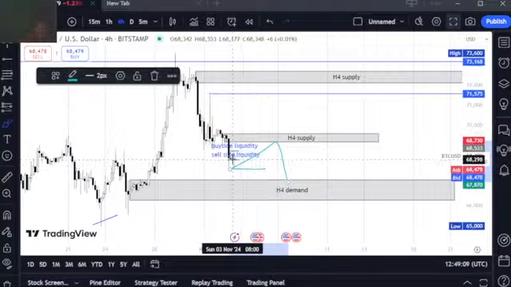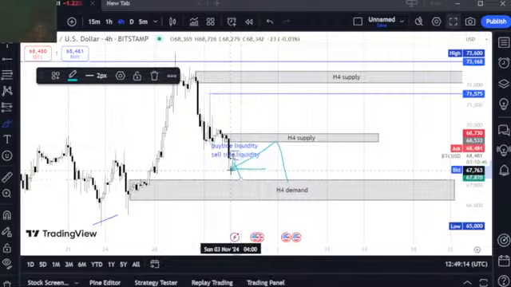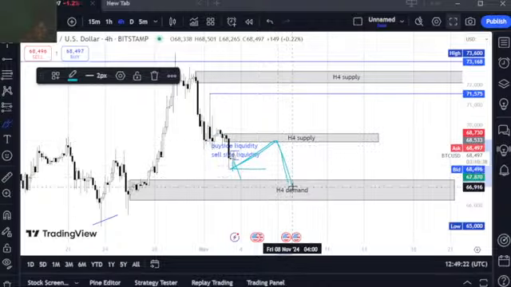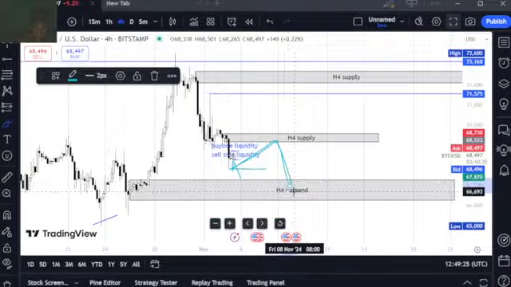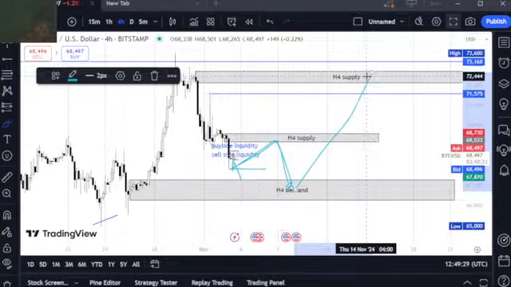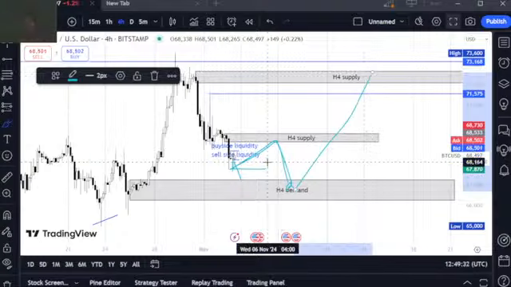So ours, either we wait for price to go straight or price taps into this side, then we wait for a change of character, then it takes that all the way to this demand zone, then this demand takes that directly to this supply. So let's see what price is doing now.